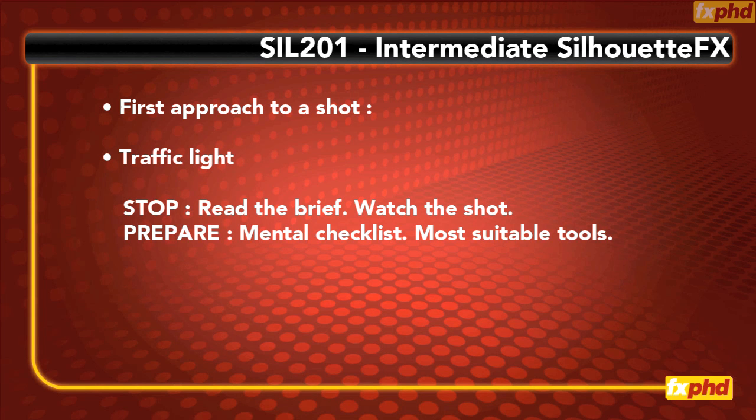And it's at this stage where you'll start to make up your little mental checklist of what you need to do, what the most suitable tools are for a particular job, where the problem areas are going to be, and how you can start to get around those bits. And the final stage is obviously going for it. So putting that mental checklist into action and then getting started on the shot. So that's what we're going to be doing right now.